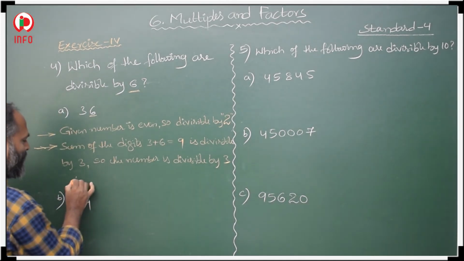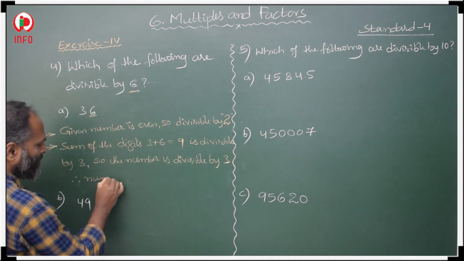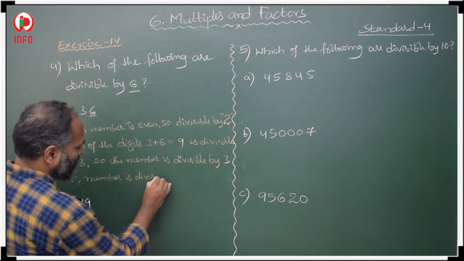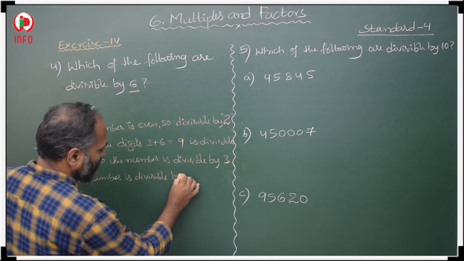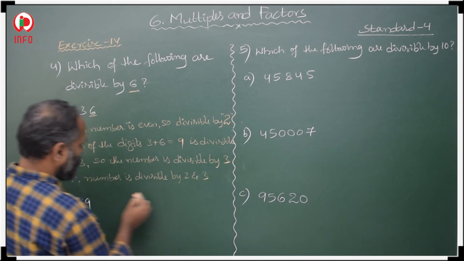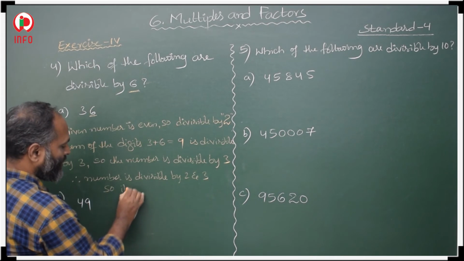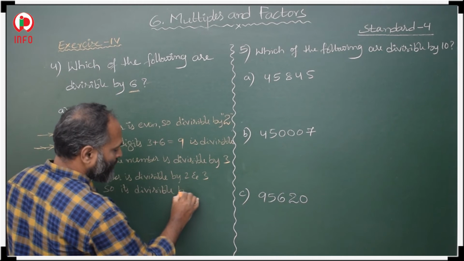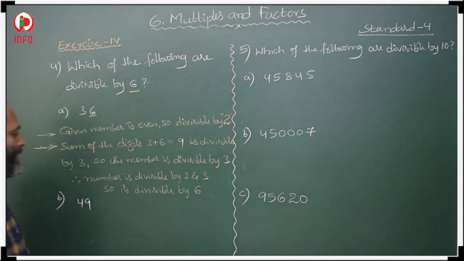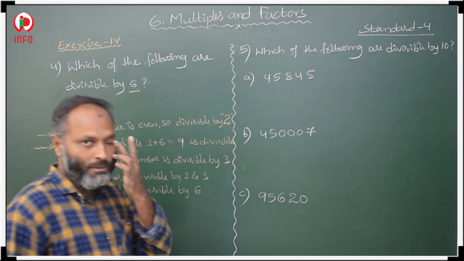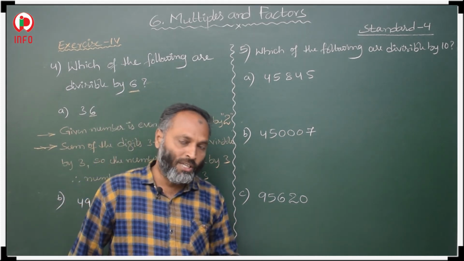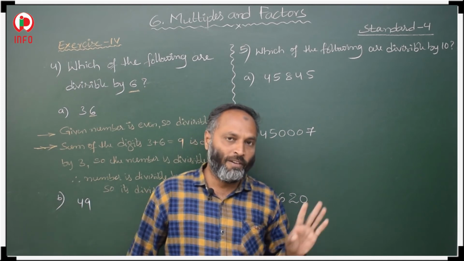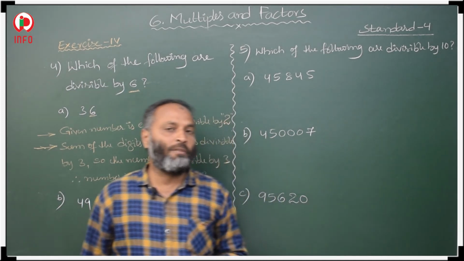Therefore the number is divisible by 2 and 3, so it is divisible by 6. In this way we have to check whether the given number is divisible by 6 or not. First we check the 2 table, whether the number is even or odd. Once we check, if it is even, then it is divisible by 2. Then after that we have to check for 3.